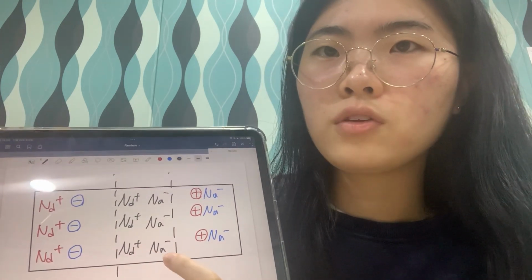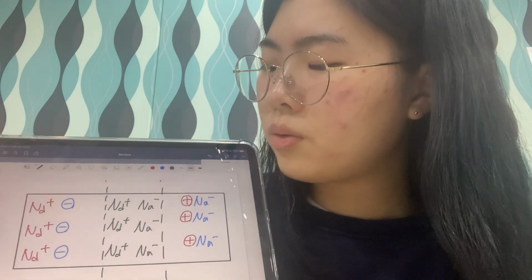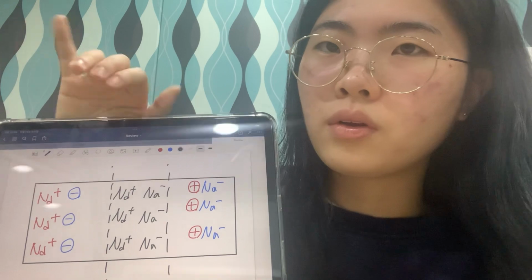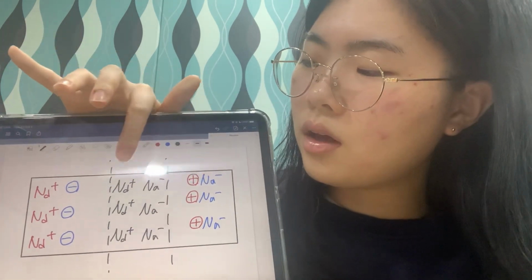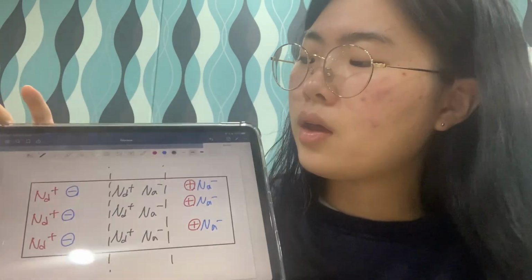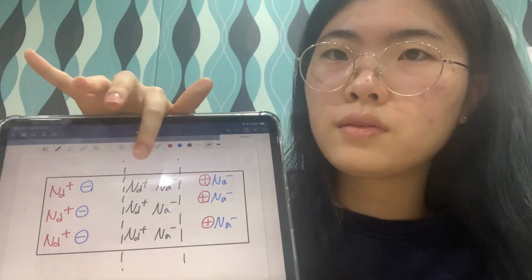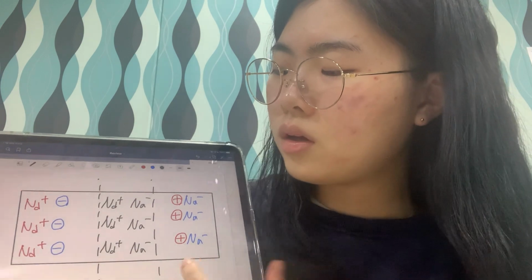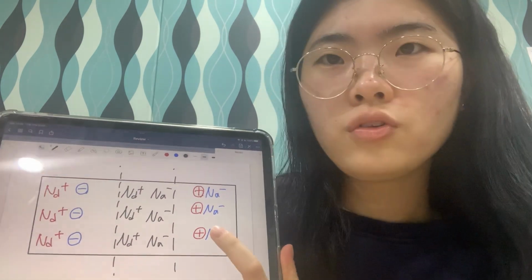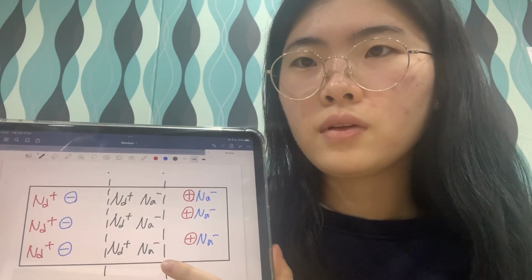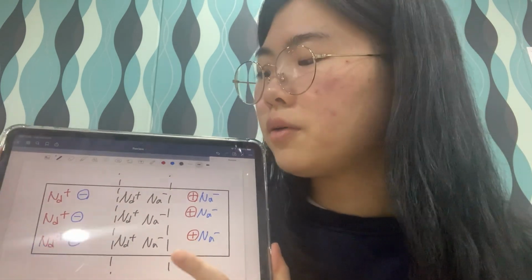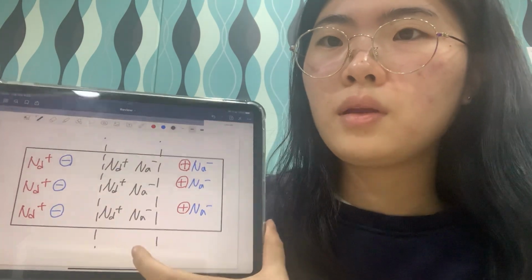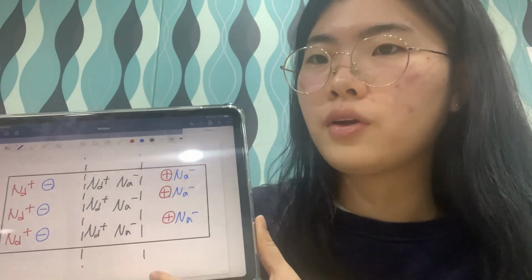Only fixed charge exists. Everything is depleted, so we call this region the depletion region. We should use this depletion region for many things. This width is called the depletion width.